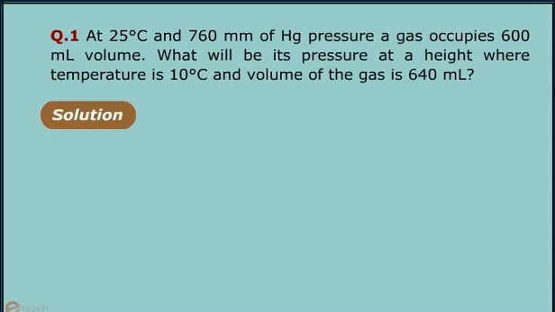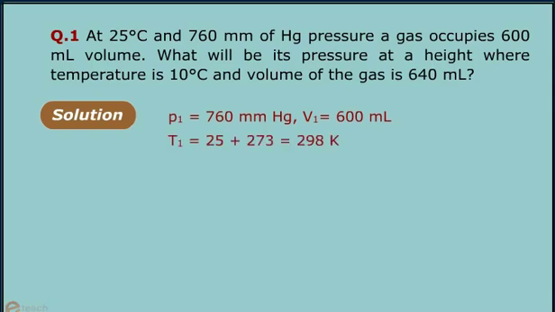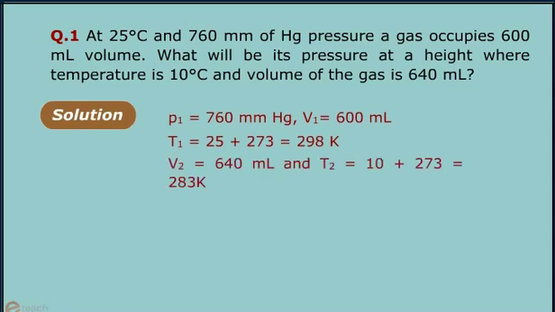Let's see the solution. P1 equals 760 mm Hg, V1 equals 600 ml, T1 equals 25 plus 273, which is equal to 298 Kelvin. V2 equals 640 ml and T2 equals 10 plus 273, which is equal to 283 Kelvin.